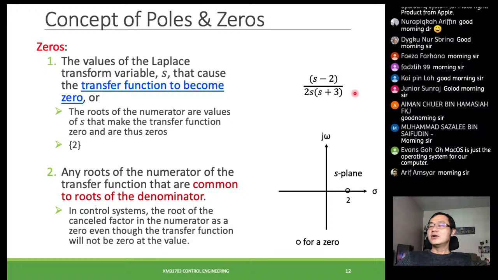So here we will represent it again, since the solution is 2, a real number, no imaginary number, so we just draw it on the real axis, at 2, with a 0 sign to denote the zero, right? So this is how you can plot the poles and zeros on the S-plane, right?